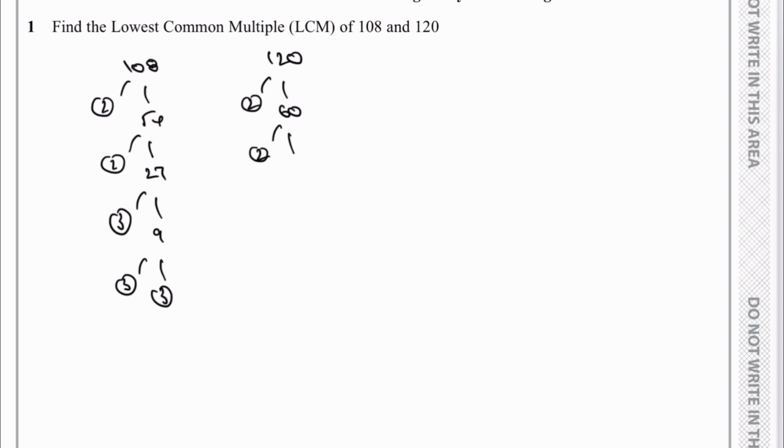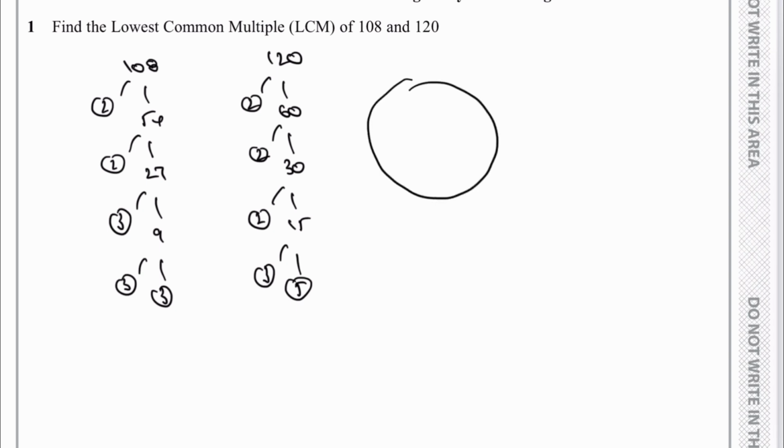So as I'm working down here, I'm dividing by 2 each time, and then I get to an odd number, 15, so I'm going to start dividing by 3 and then by 5 because I can't do anything else with it. If I now create the Venn diagram, I've got effectively the factors of 108 and the factors of 120.